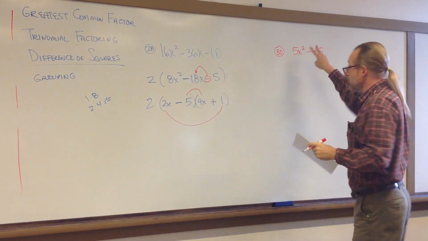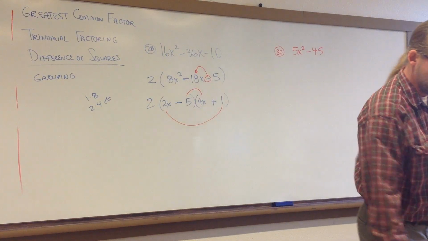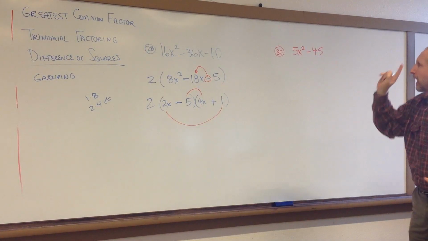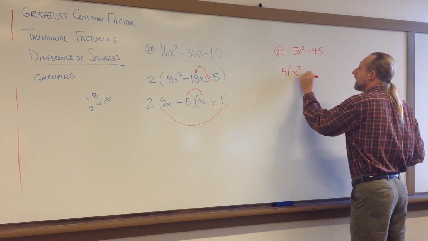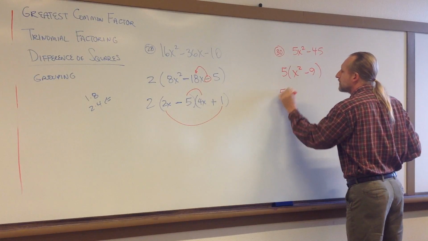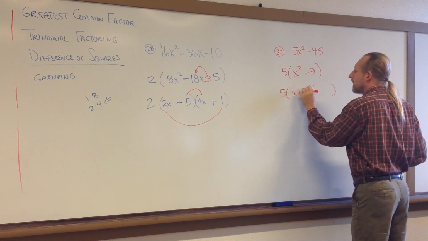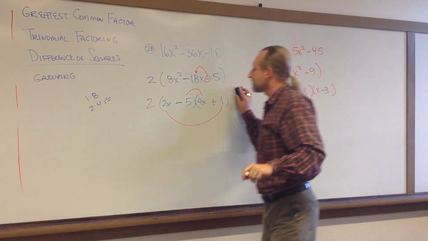So you notice there's 2 terms here. That starts me thinking difference of squares right away. Even though, right, we don't see the perfect squares here. But we do see the common factor of 5. And after we factor that out, there's the difference of squares. 5 times x plus 3 times x minus 3.